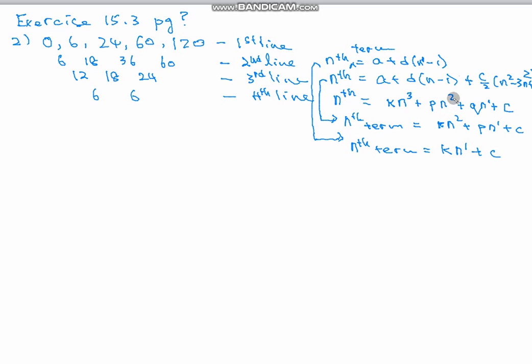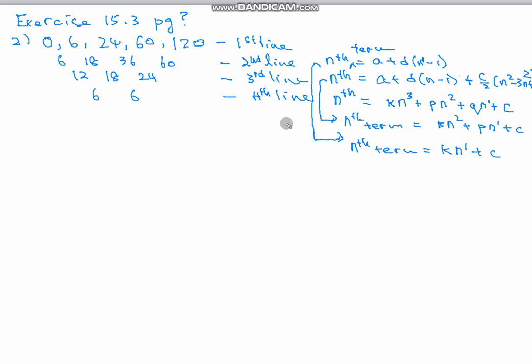Since this is fourth line constant, n cubed must be there, but the rest may not be there. Third line constant, n squared must be there, and the others may or may not be. That's the maximum it can go. Then you have the second line constant, then you have n to the power 1, that's the maximum we can go. And then plus c. c sometimes may not be there also.